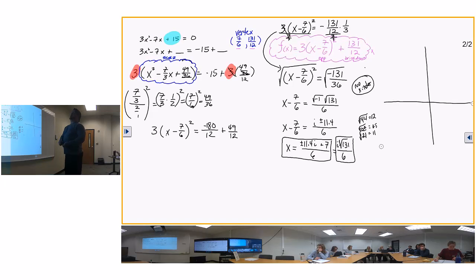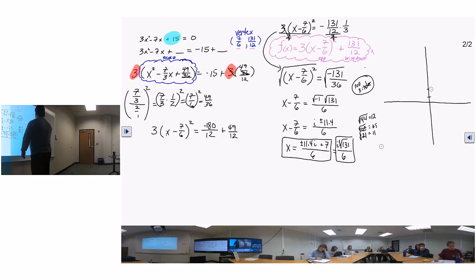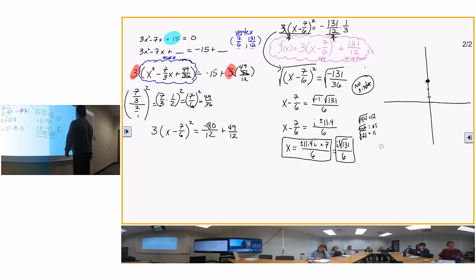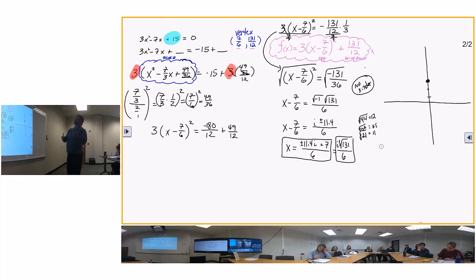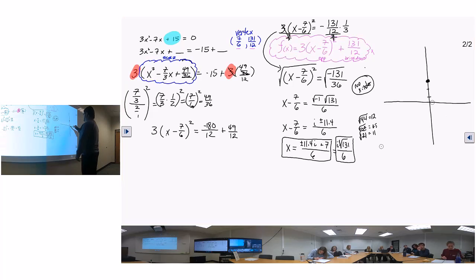All right, what's our y-intercept? 15. 5, 10, 15. There's our y-intercept. What's our vertex? 7 over 6 is 1 1/6, which is 1.16 or something like that, 1.2. So 1.2 would be right here.